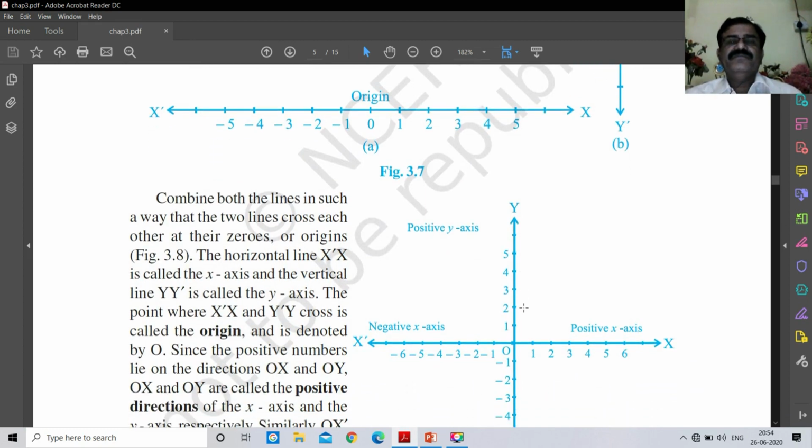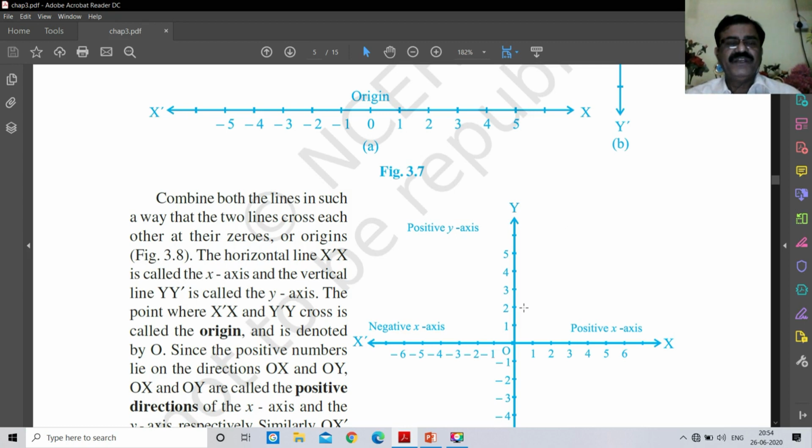Combine both the lines in such a way that the two lines cross each other at their zeros, or the origins. The horizontal line x'x is called the x-axis and the vertical line y'y is called the y-axis.